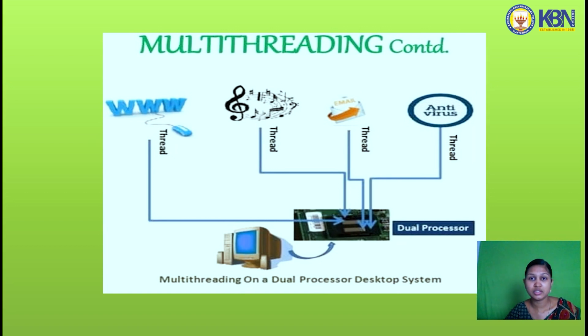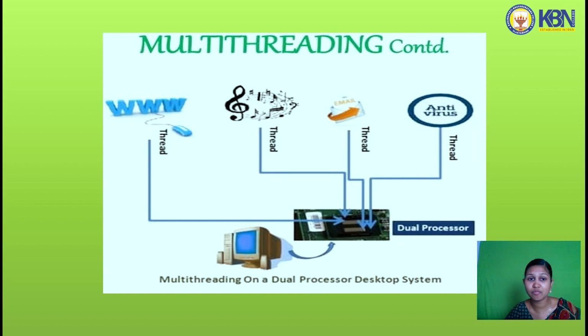Okay, let's take the example of a dual processor. This processor will control all these items. The first thread is the browser, the second thread is music, the third is typing any type of data, and the fourth is antivirus.